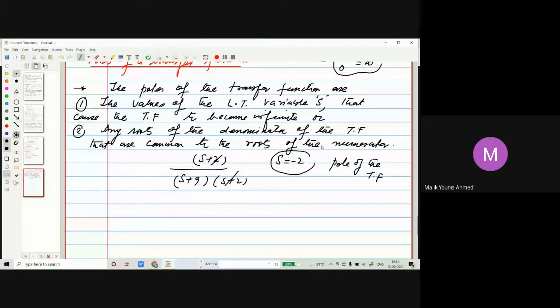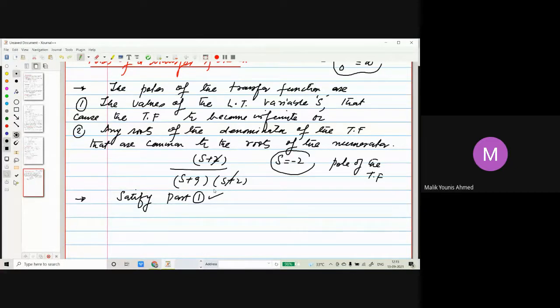What is the meaning of these two in mathematical terms? A bit more explanation. If we are strict in practical terminology, then we say the poles of the transfer function satisfy part one of the definition, there is no problem.